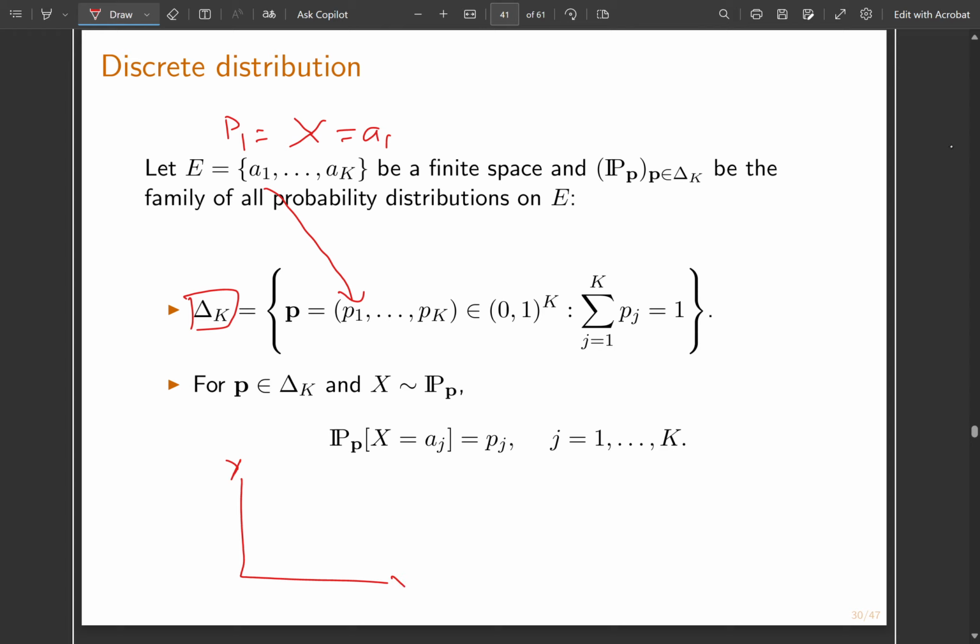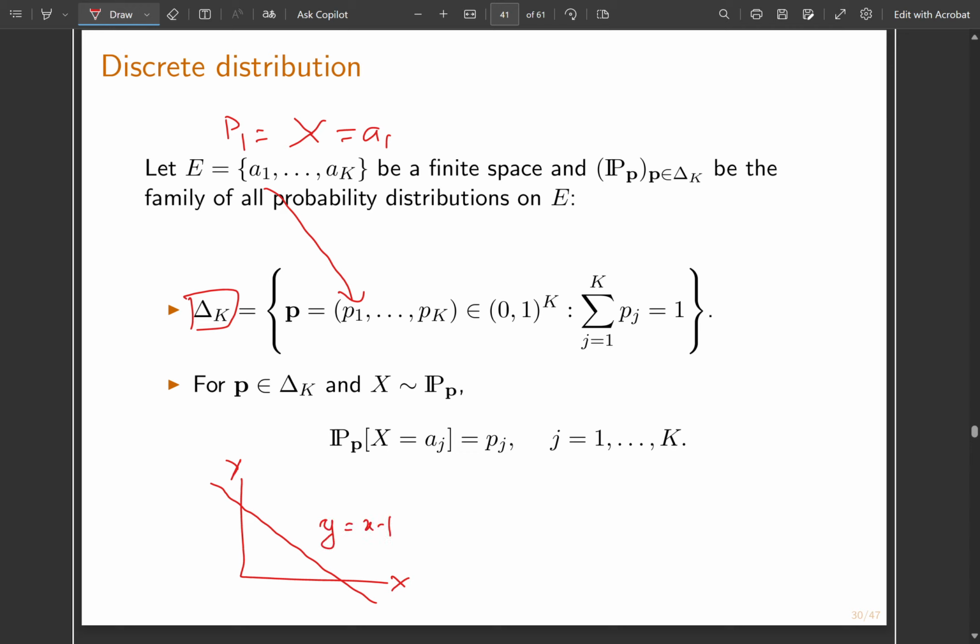Let's give an example of how this simplex works: the simplex can be a line that goes across x and y, where y is equal to 1 minus x.